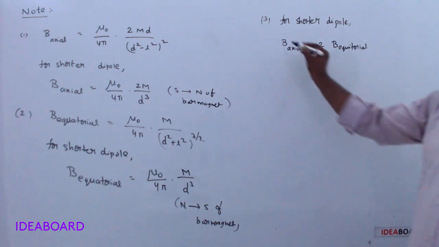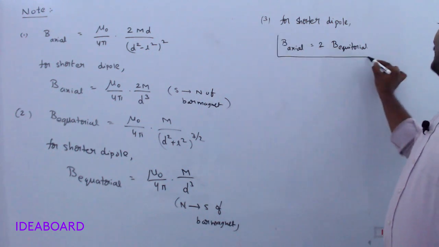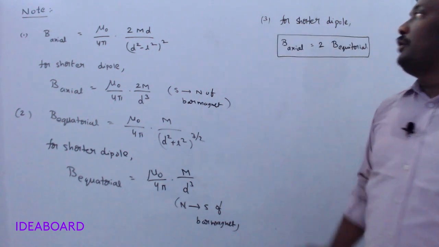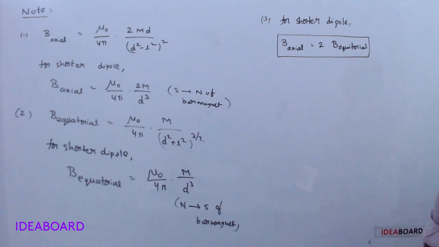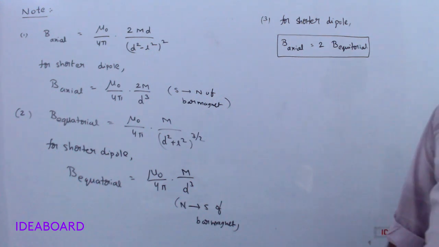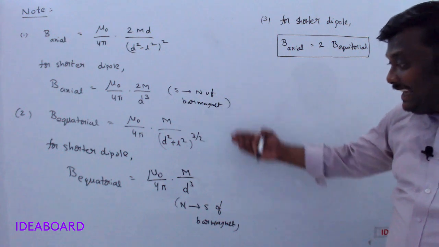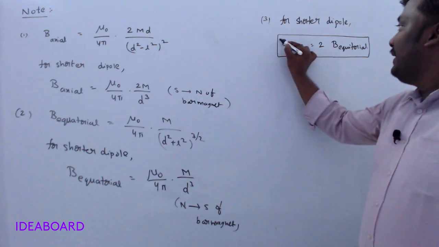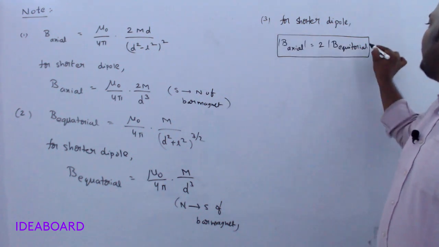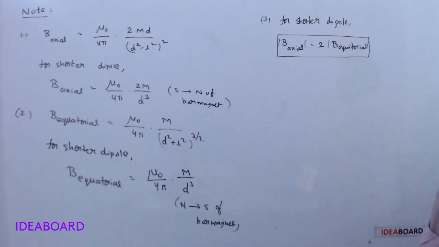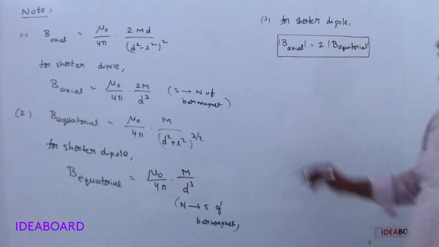So for a shorter dipole, this is a very important formula for numerical purposes: B axial is equal to 2 into B equatorial. But see, the directions are different now. That's why take the magnitudes. If you take magnitudes, then it is correct.